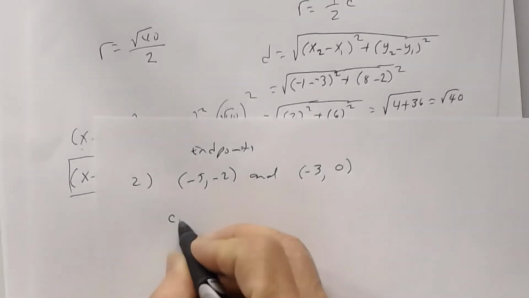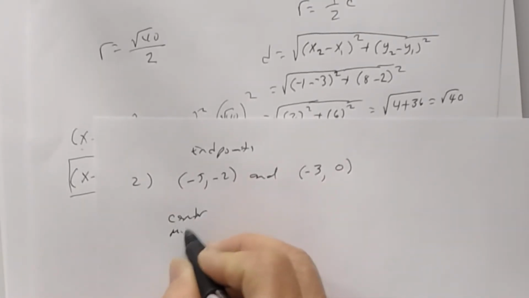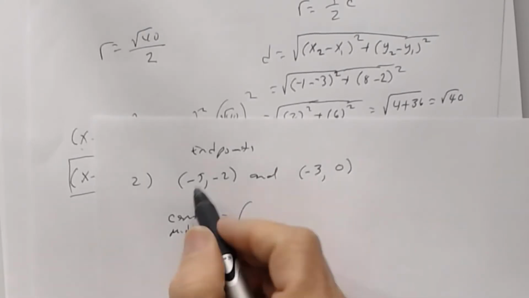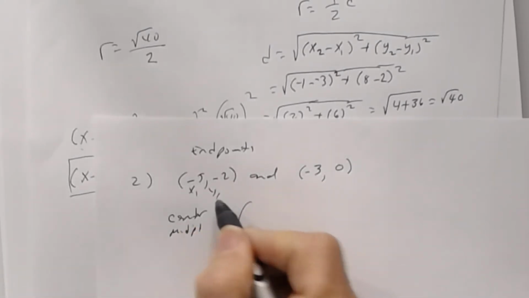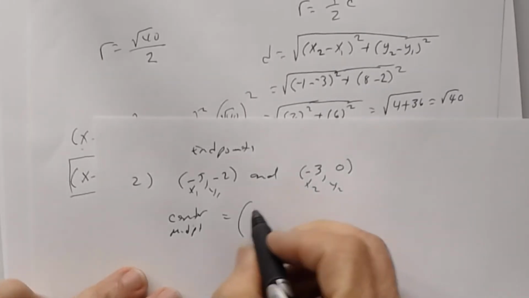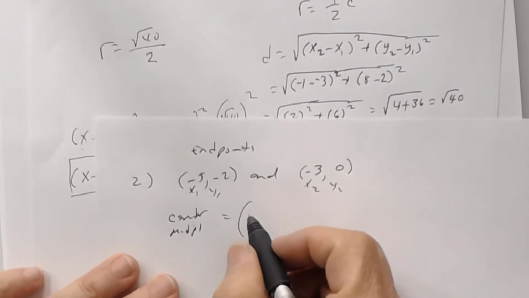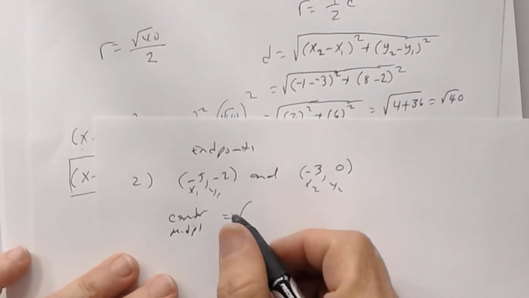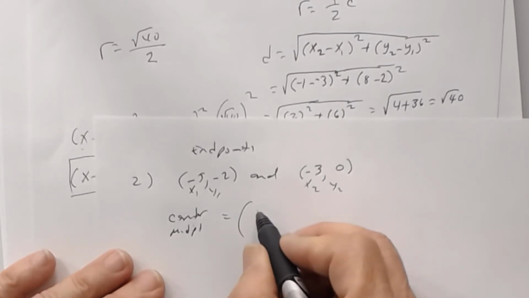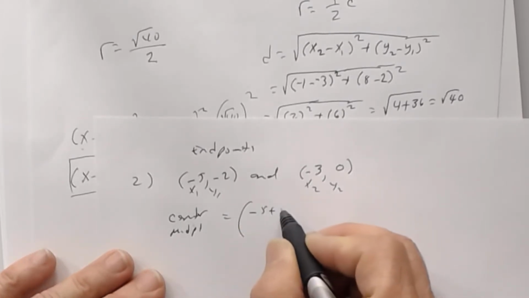So I have to find the center. So the center is going to be the midpoint of this diameter. All right, and so basically, I'm going to label this x1, y1, x2, y2. So to find the midpoint, which is the center of the circle, you're going to add your x coordinates together. So I'm going to say -5 plus what? -3.